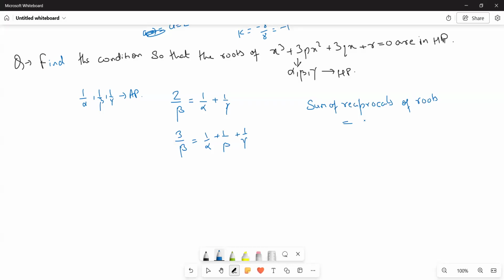Minus c by d. एलसीएम लेंगे तो ऊपर में सम ऑफ द रूट्स अगेन 2 एट अ टाइम डिवाइड बाय प्रोडक्ट ऑफ द रूट्स आ जाएगा, तो c by a by -d/a, minus c by d होता है, so that in the question will become 3 beta is equal to, अच्छा c का वैल्यू है 3q, so -3q, एंड d का वैल्यू है r, तो 3 तो कैंसिल हो गया, we'll end up getting beta is -r/q.